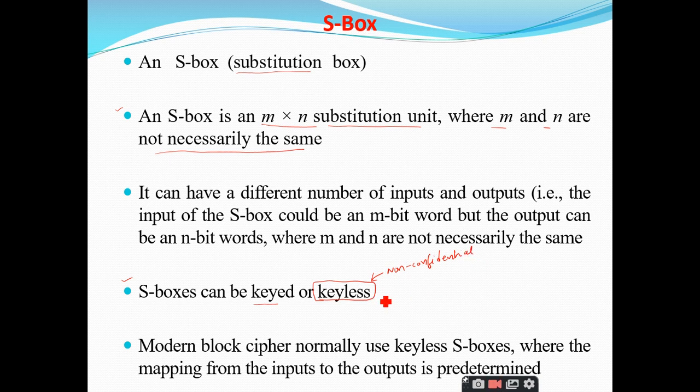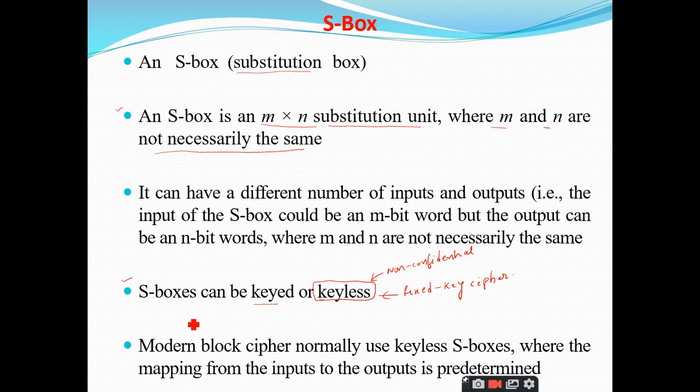What is the other term? Fixed key, sir. Fixed key ciphers. Super, right. These are called fixed key ciphers. Whatever input is connected to the output, everything is predetermined. When you take predetermined concepts, we call them keyless ciphers.